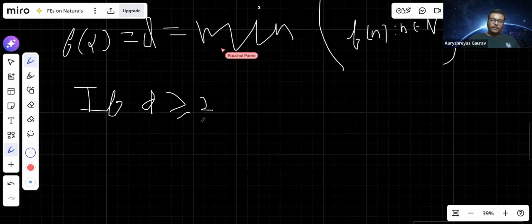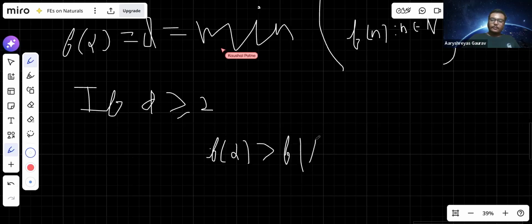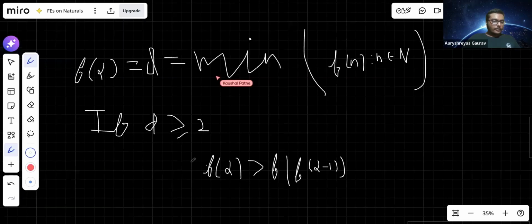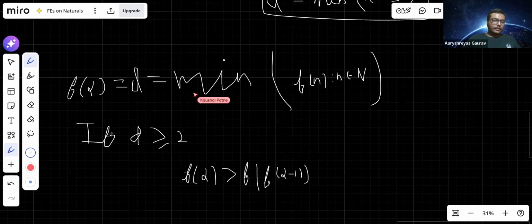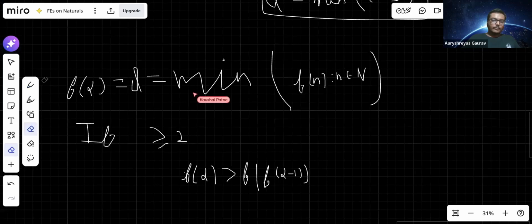So if I write the second condition as f of alpha is greater than f of alpha minus 1, wait a second, why did I write D in here?